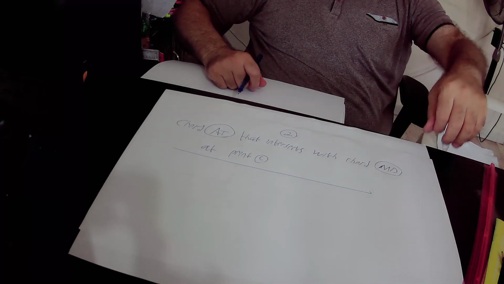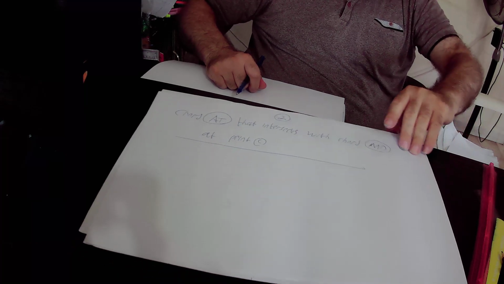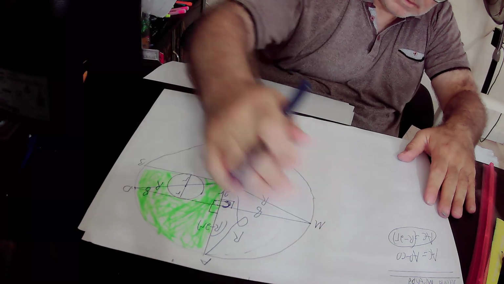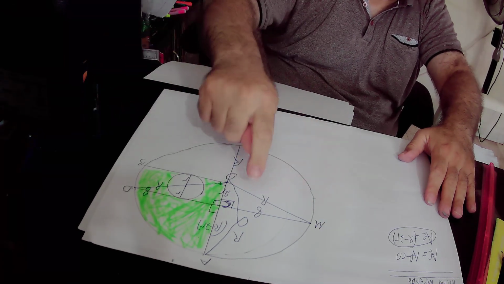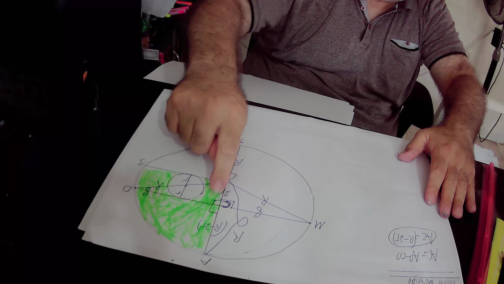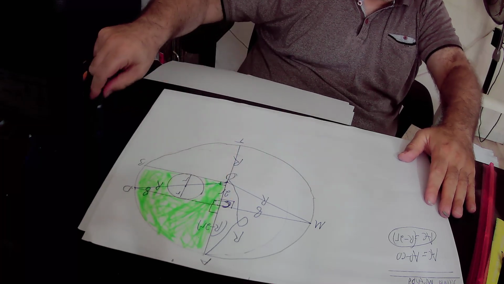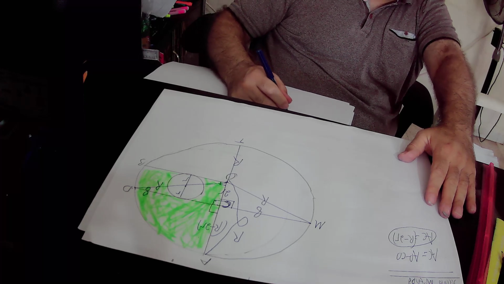Therefore, according to rule number 11, we will get that MC times CD equals AC times CT. Again, MC times CD equals AC times CT. I write it down according to rule number 11.